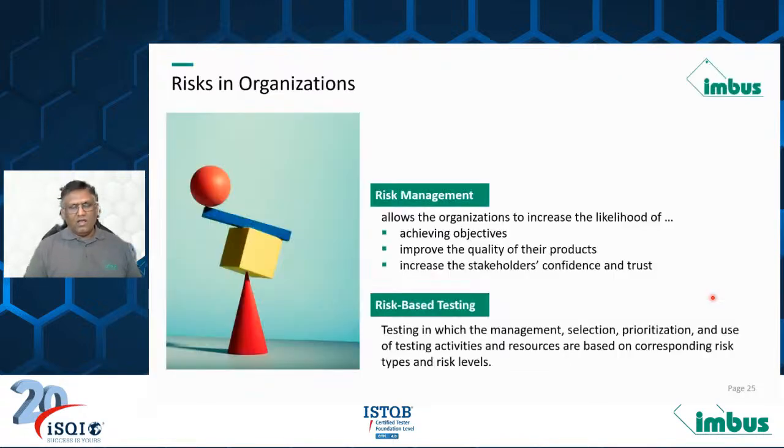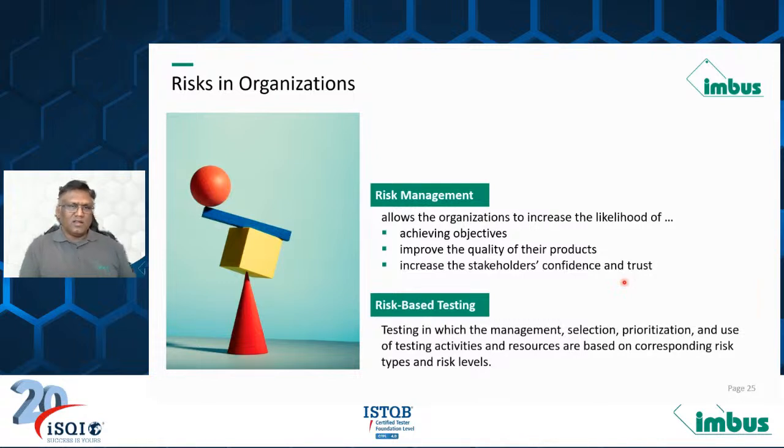Right. Risk. Again, every project has its own risk. Risk is part of the project. Understanding those risks and ensuring that the risk is considered while developing a product, right? Again, risk, you have to manage them so that you can achieve the objective of testing, ensure the product quality has been achieved, as well as at the same time, you want to increase the confidence of your project stakeholders.